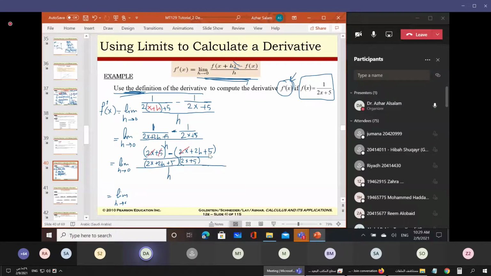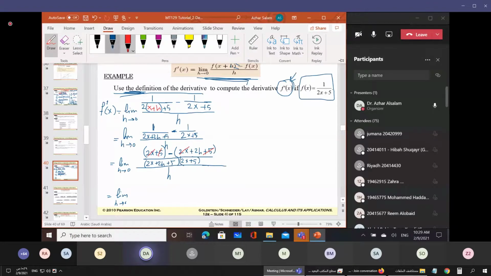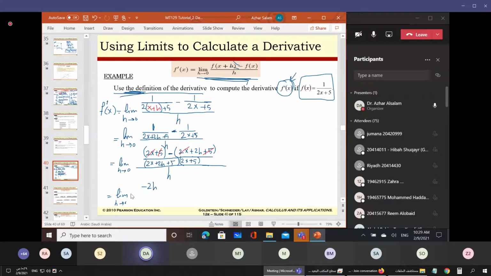So plus 5 with minus 5. The only remaining value is minus 2h. So I write here minus 2h in the top, minus 2h divided by these two brackets, which is 2x plus 2h plus 5, and here 2x plus 5, all divided by h.